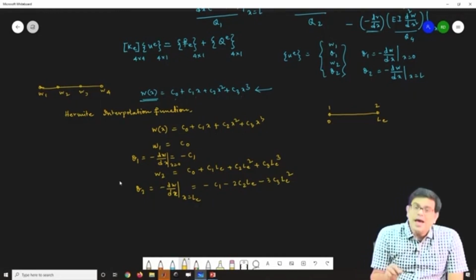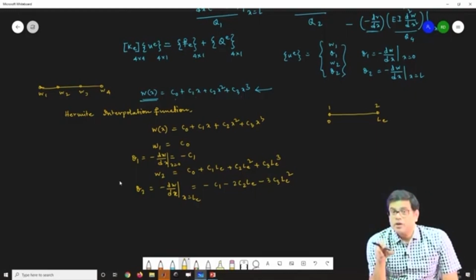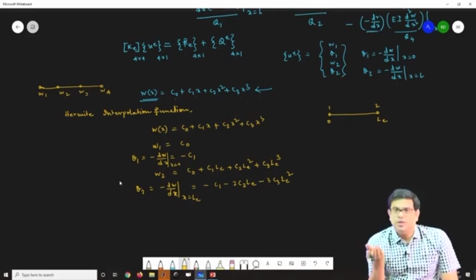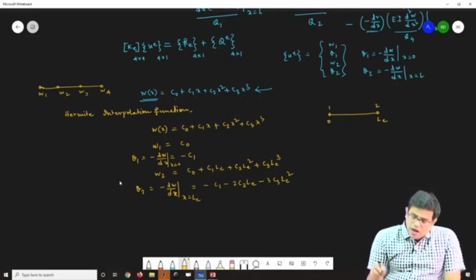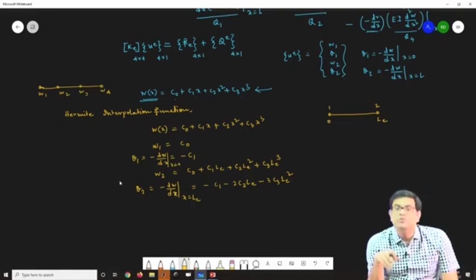Where the derivative of the primary variable is also interpolated, this type of shape function is known as the Hermite polynomial. This is the basis of beam shape functions.